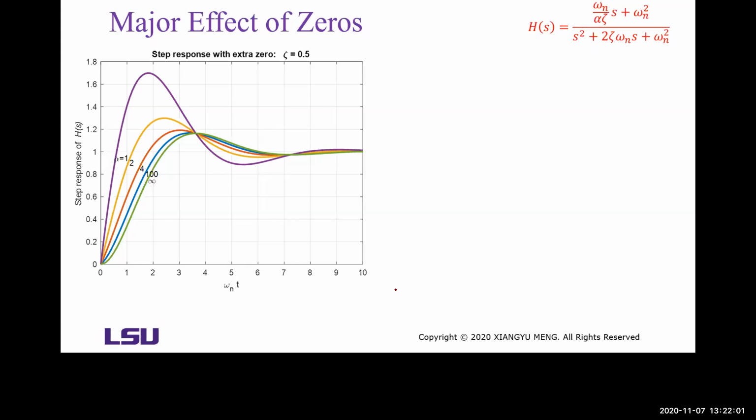Now, let's look at the step response of the standard second order system with zeros. Here, we normalize omega n by choosing omega n is 1.